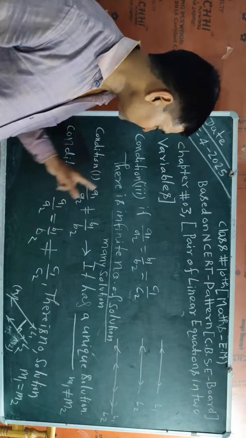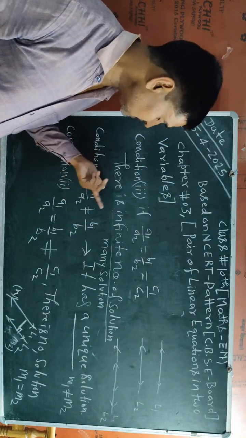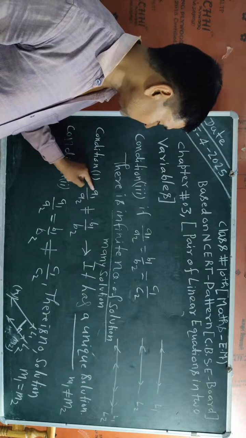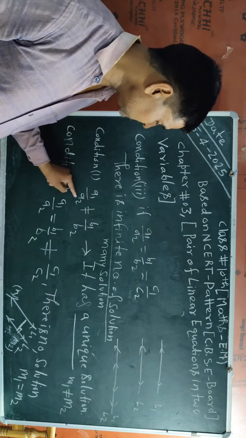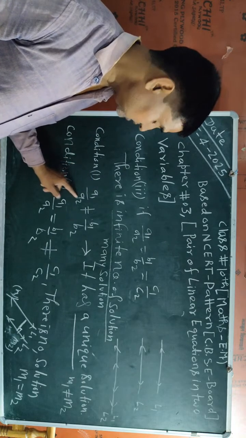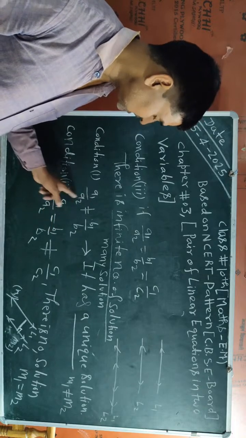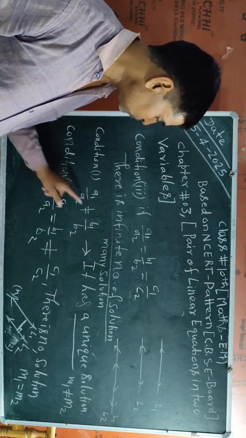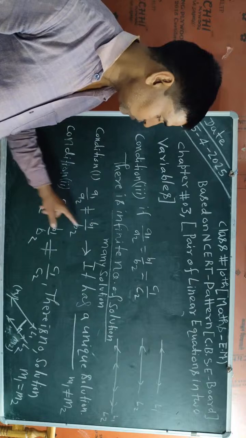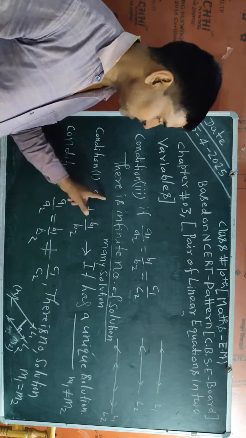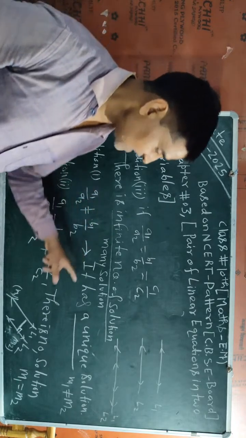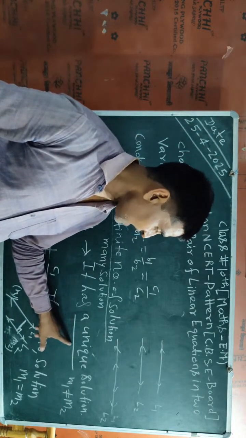In other words, A1 divided by A2 is not equal to B1 divided by B2. If this condition exists, I would say both equations have a unique solution.